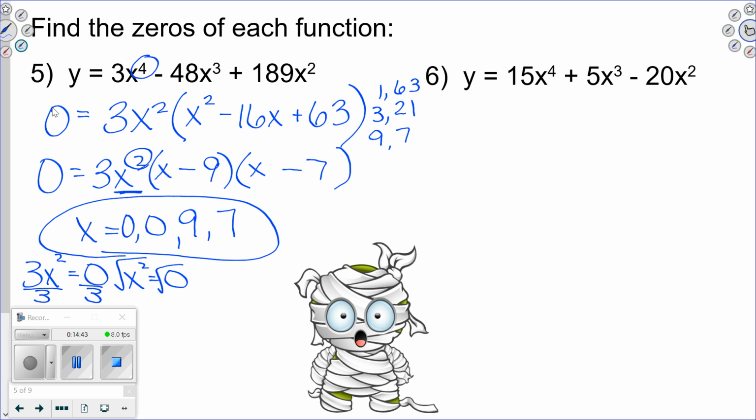Now, what does that look like when it comes to a graph? If you would sketch this, I know it crosses at 0 and 9 and 7. Now, what's the end behavior?